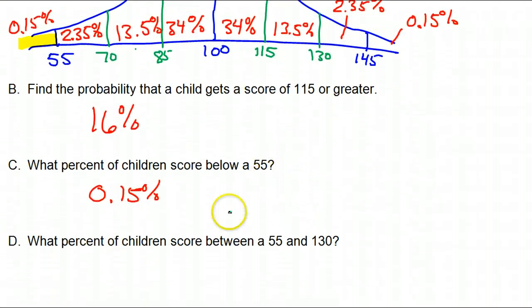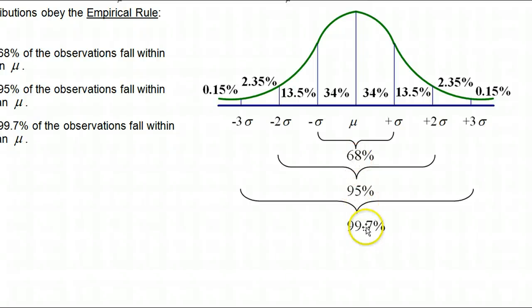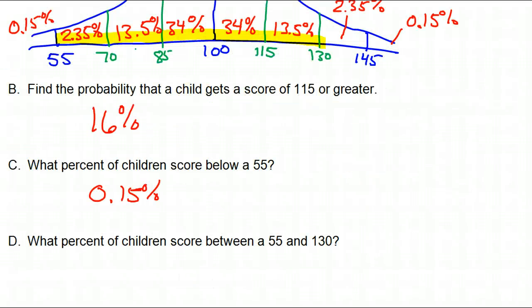What percentage of children score between 55 and 130? So there's 55, and there is 130. You can just add up all these numbers. It will be slightly quicker if you remember what I said about these three numbers right here: the 68, the 95, the 99.7. Because if I look at the 70 to the 130, that is 2 standard deviations in both directions.